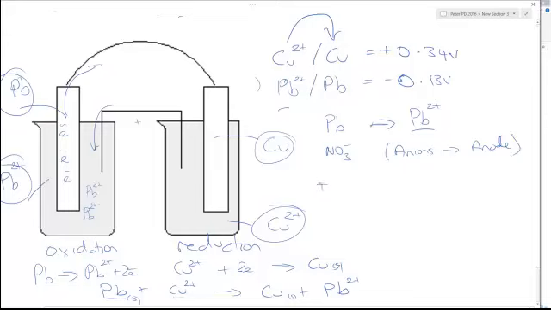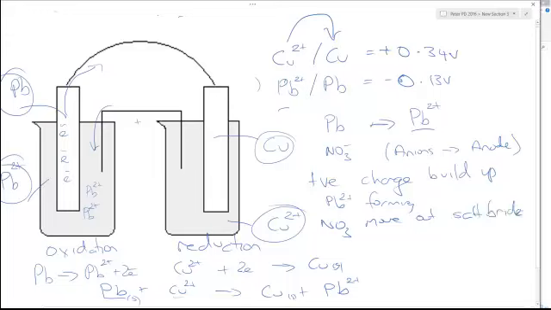That the positive charge is building up from Pb2 plus forming, and the nitrate ions move out of the salt bridge to maintain charge neutrality. It's got to be neutral. Then electrons can move, and we get this complete circuit.